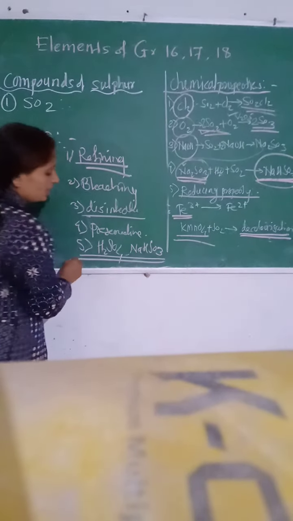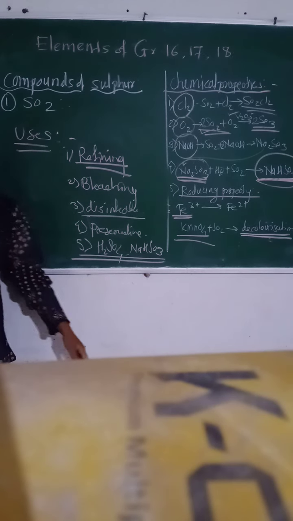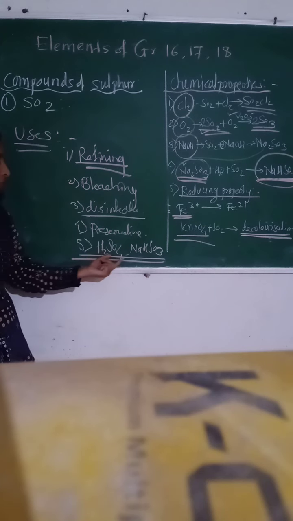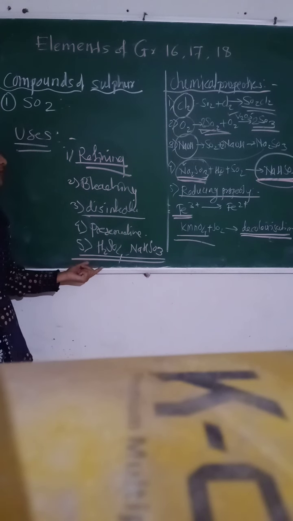You see, in that manufacturing process sulfur dioxide will be used. So the uses of sulfur dioxide are in refining of petroleum or sugar, bleaching action on wool, disinfectant, anti-chlor, preservative, and in preparation of H2SO4 or sodium hydrogen sulfide.